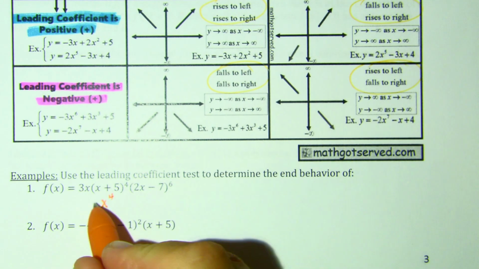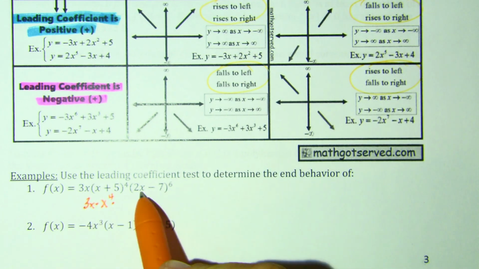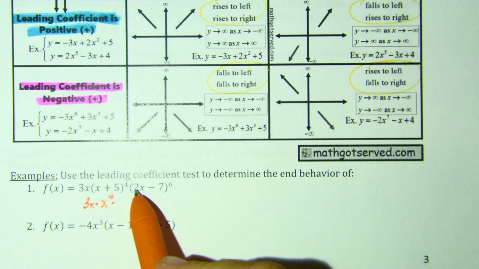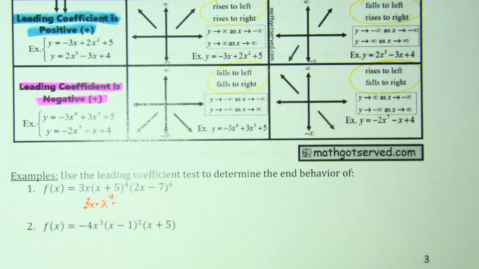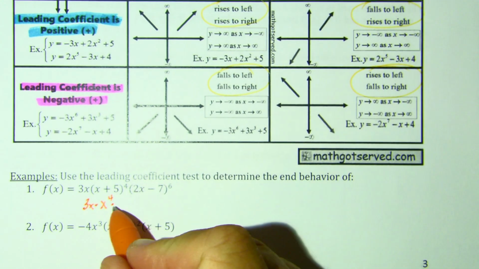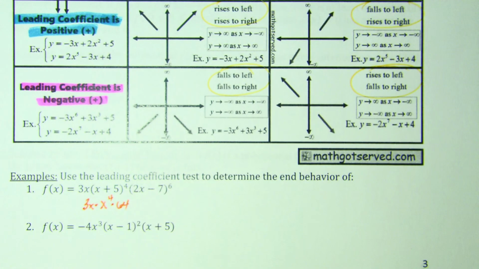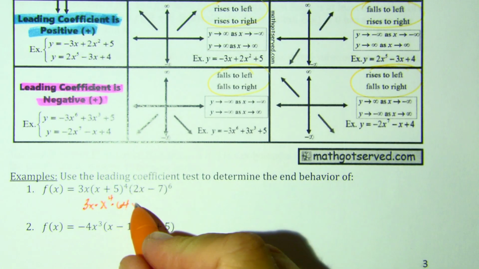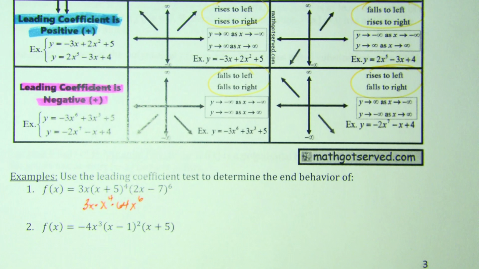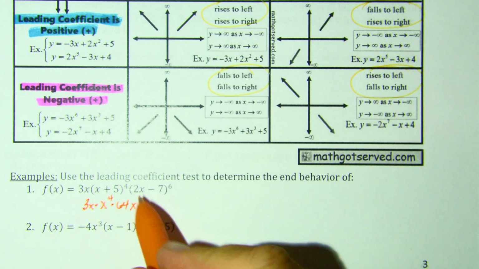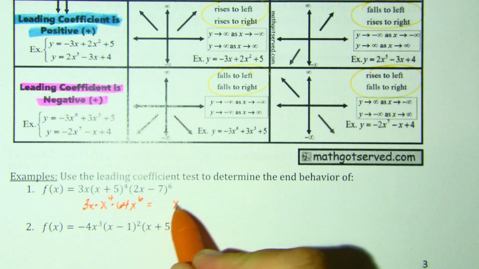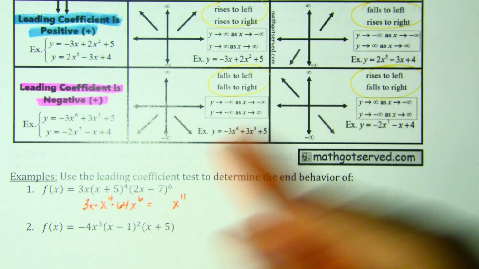And then out front we have a 3x. And then from this term, if I had this raised to the 6th power, 2 to the 6th power is going to be 64. And then x to the 6th power would just be x to the 6th power. Well, if I multiply all of that out, x times x to the 4th times x to the 6th is going to be x to the 11th. So that's an odd degree.